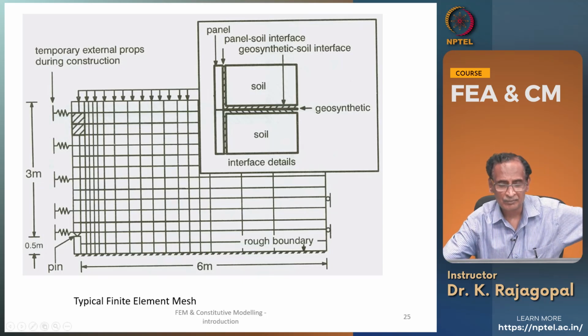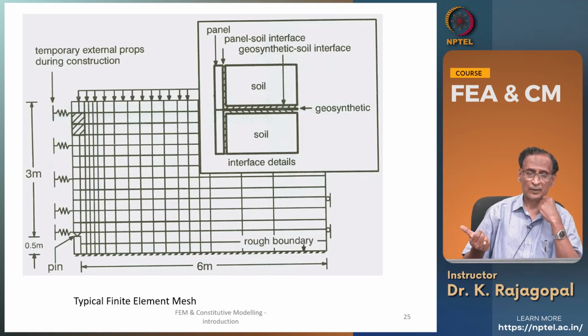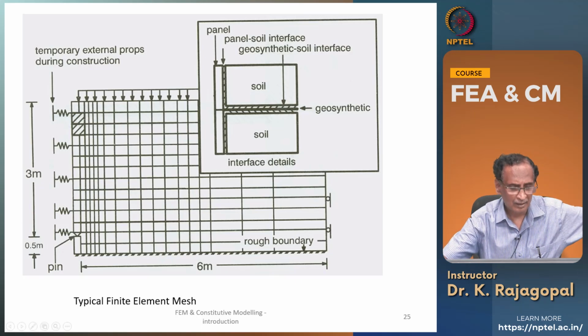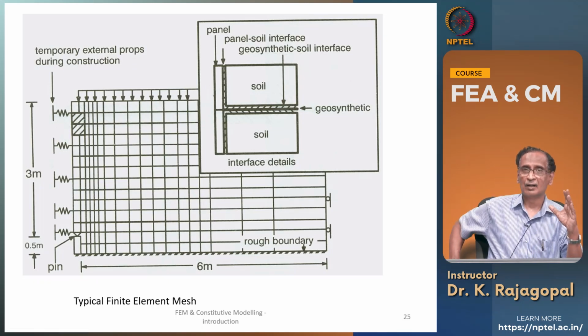So here you see an interface provided between the panel and the soil, and between the soil and the geosynthetic, and then the geosynthetic is connected to the facing panels through some mechanism, and we should be able to simulate all these through our finite element models. And in the construction itself, there are 4 panels, and each of them was supported during the construction, and after the construction was over, these supports were removed.